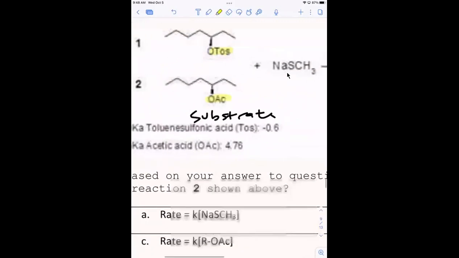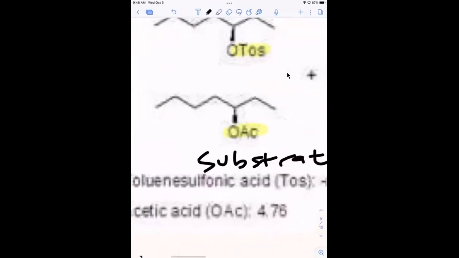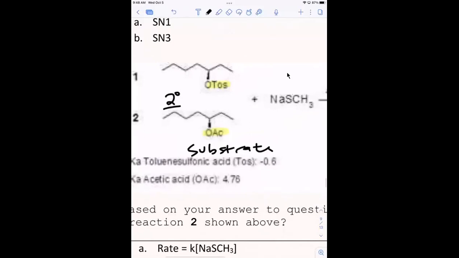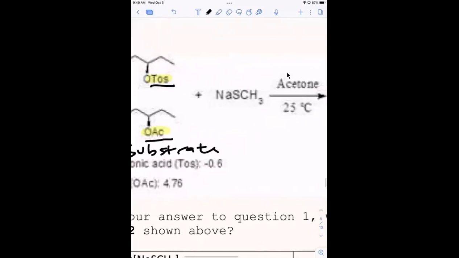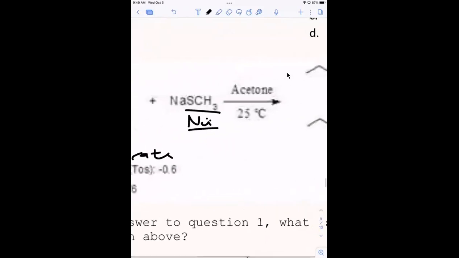Your substrate in both cases is secondary, so that can be SN2 or SN1. The tosylate and acetate both are decent leaving groups, so the rate is not going to be impacted very much by either one. This is your nucleophile. It's a good nucleophile. And then your solvent is aprotic.